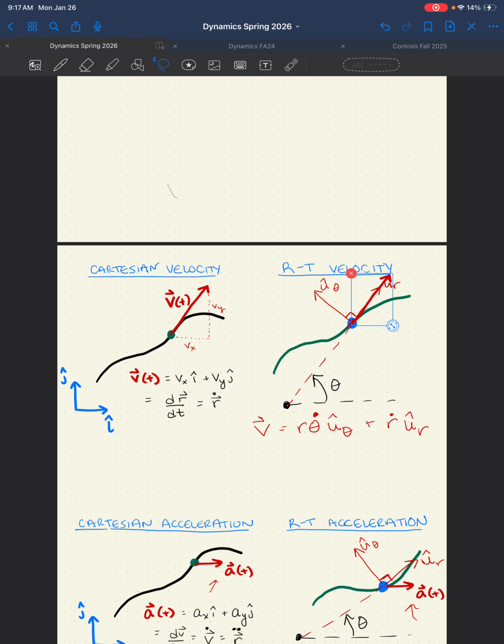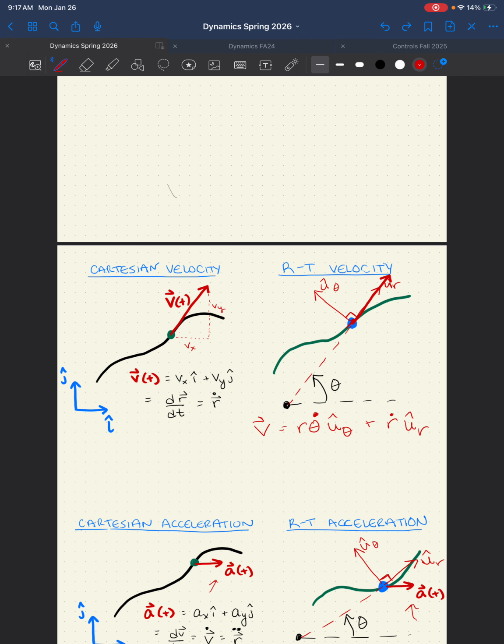Oh, I should have drawn this a little bit differently, because what I don't want you to do is see the way that it's drawn here, where it looks like the velocity vector is perfectly aligned with the radial direction. That is not always the case, and in fact, it is mostly not the case. It's just the way that I have it drawn here. It just happens to be the case at this moment.